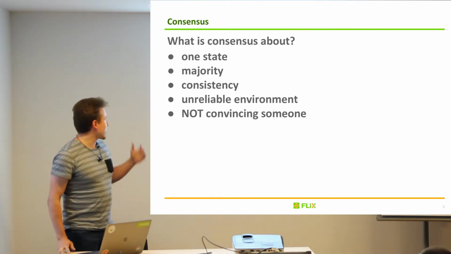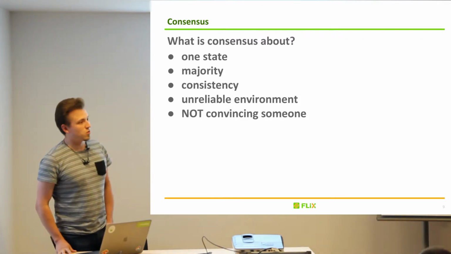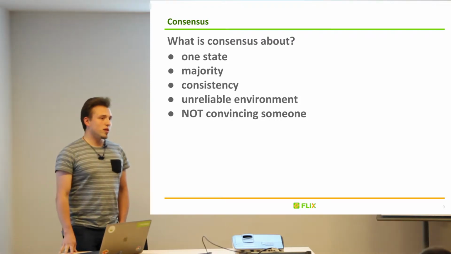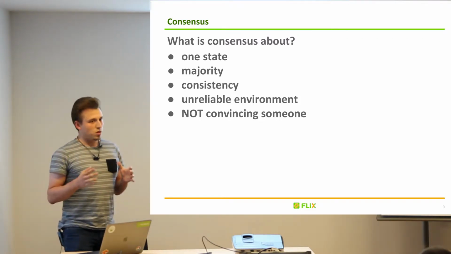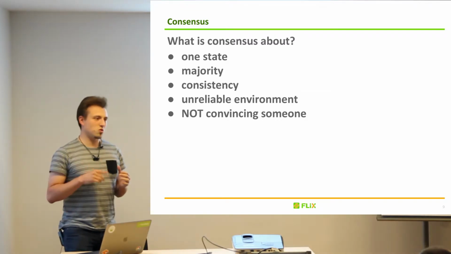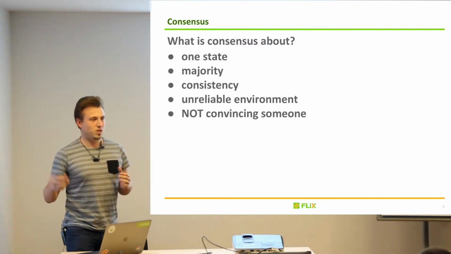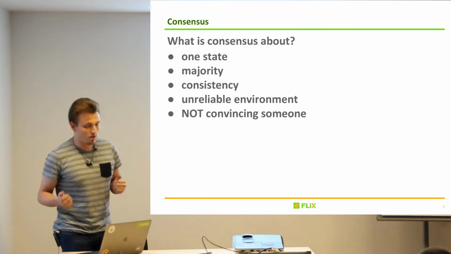And in general, what do we expect from consensus when we are talking about that? So again, I mentioned it's about having one state, and we also need to ensure that the majority is aware of the state. So usually when we are talking about a distributed system, we are talking about 2n+1 nodes, so it's an odd number, right?